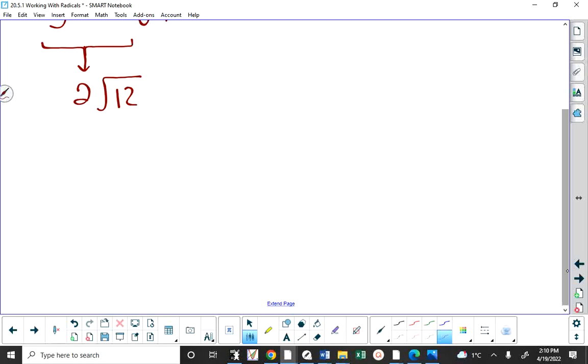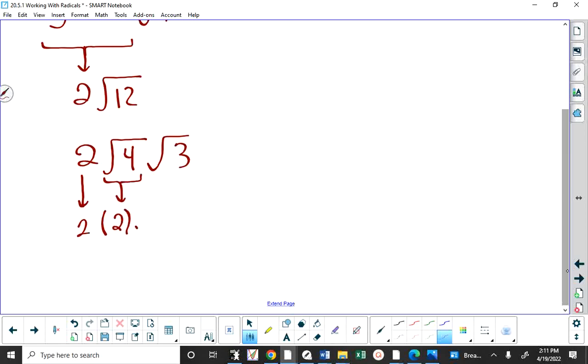There's another number, well, it's the same number, but there is a number that divides into 12 that's a perfect square, and that's 4 again. So this is the 2. This is a 2, and this is a root 3, so you get 4 root 3. 2 times 2 is 4. Are you with me? Okay.